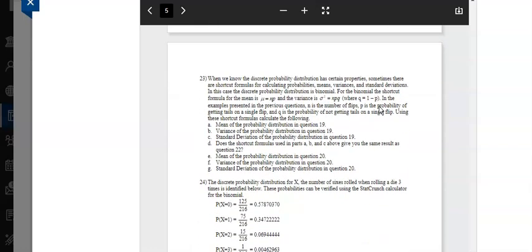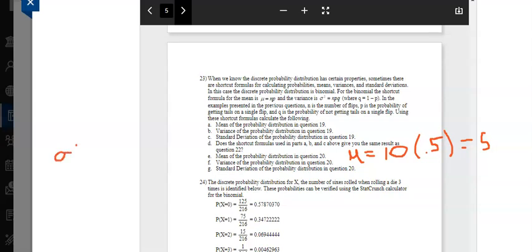So let's go back here, turn my drawing feature back on, and the mean, E, is going to be n times p, so it's going to be 10 times 1/2, which will end up being 5. And again, I'll do the variance off to the left just because I'm running into myself here.